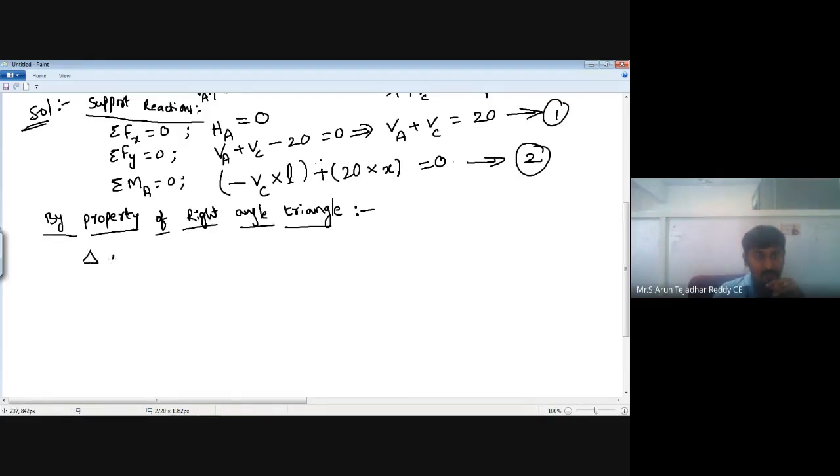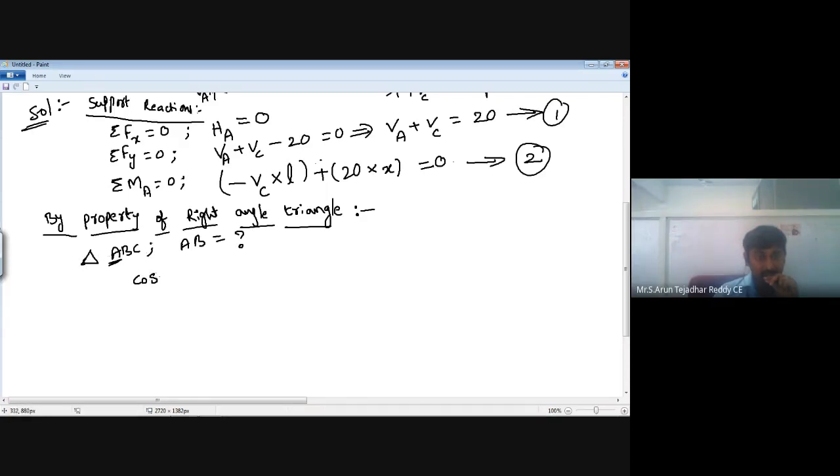Triangle ABC means the total triangle, and at A there is a 60 degree angle. In this total triangle, I am calculating the AB distance. What is the formula for this triangle ABC?